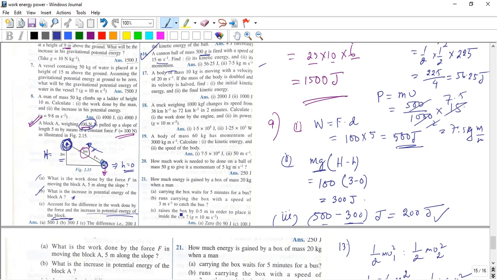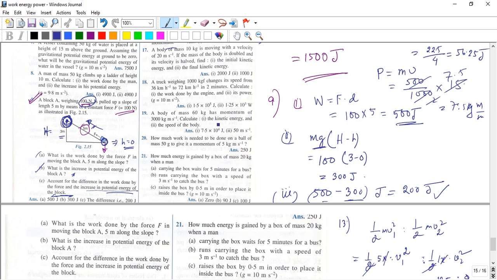Now suppose there is an important question, number 20. How much work is needed when a mass of 50 gram is given a momentum of 5 kg meter per second? How much work, if its mass is 50 gram and momentum is this. So we know that work is also energy, that is half mv square.